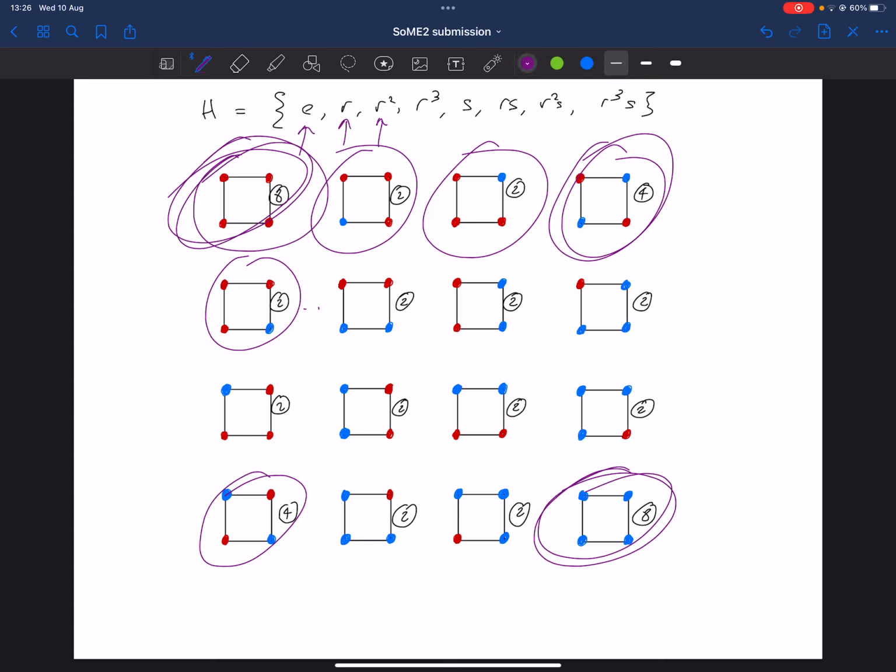So in this case, we're going to put a ring the first time when we're thinking about the identity permutation, and also when we are thinking about reflection in that horizontal axis, which I believe was R cubed S.